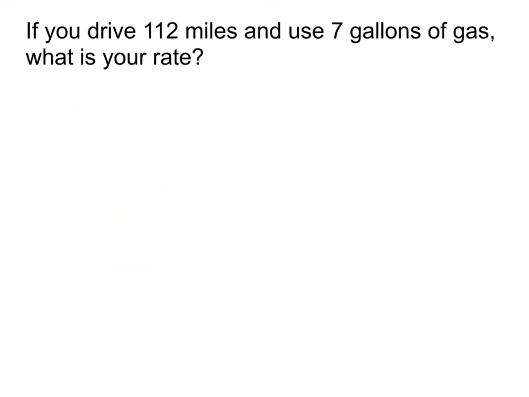We can use the same concept on this problem as well. In this case, we're driving 112 miles and we're using 7 gallons of gas. And again, we want to know the rate. I'm going to want to figure out my rate as miles per gallon. Yes, you could also figure out gallons per mile, but it's not nearly as useful. The typical one that we would want to figure out is miles per gallon, so that's where we're going to start.